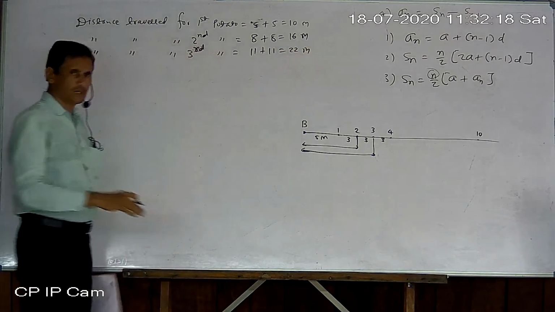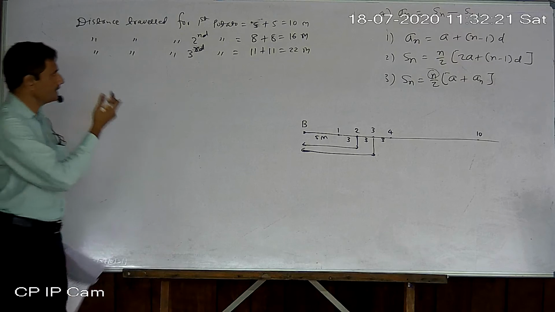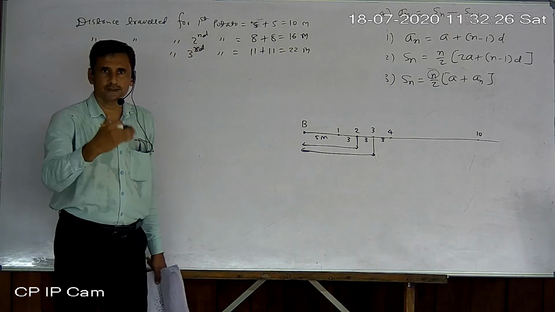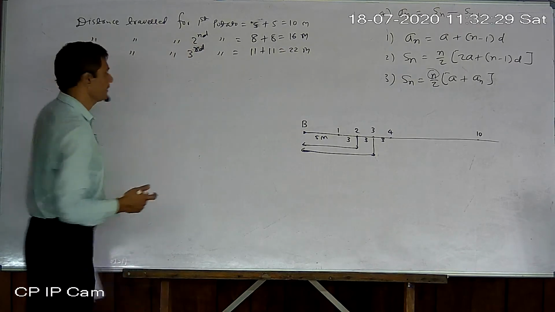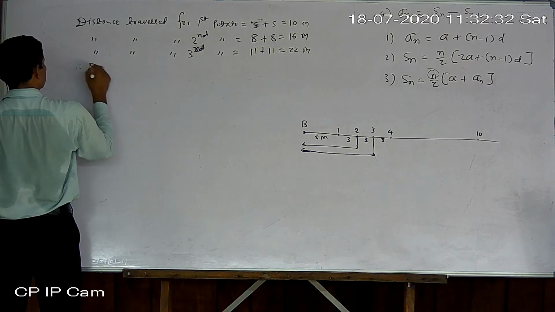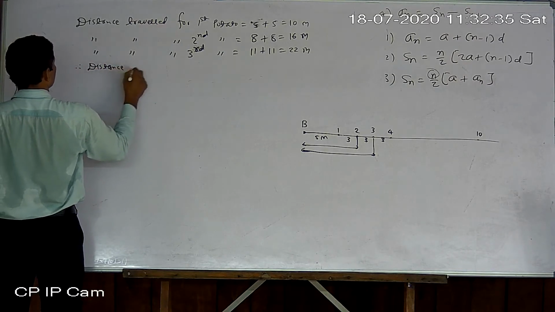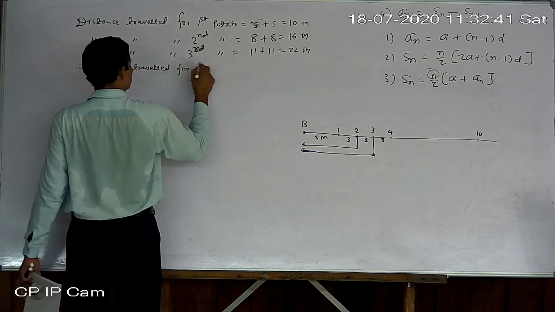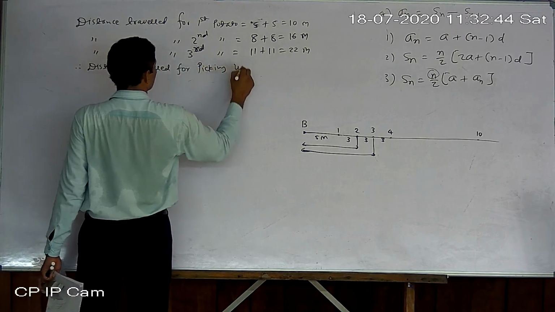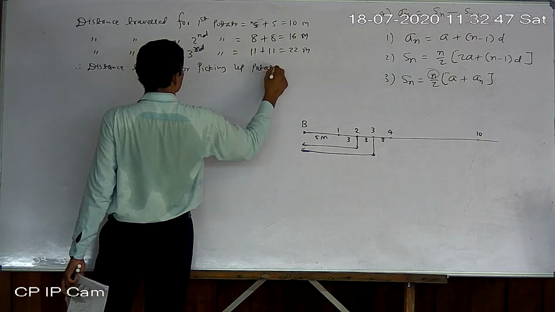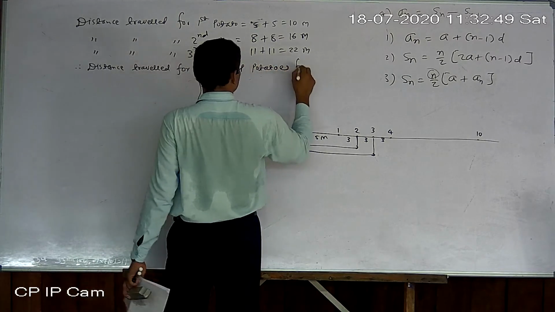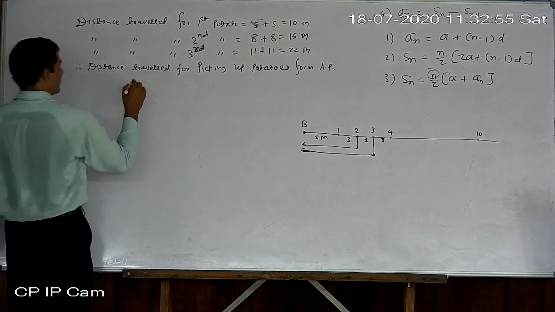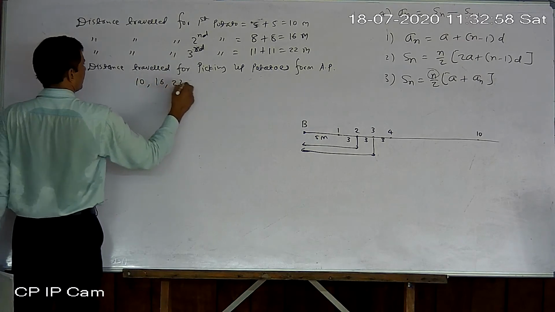Now there is no need to write further steps because these are enough. We already know it is an arithmetic progression and the difference is 6, 6, 6, meaning 6 is increased each time. Therefore, the distance traveled for picking up potatoes is from an AP: 10, 16, 22 like this.